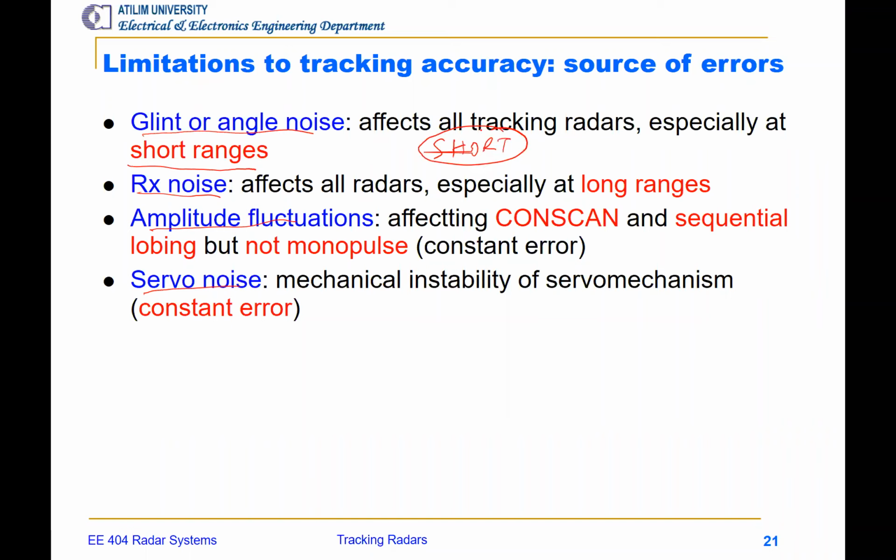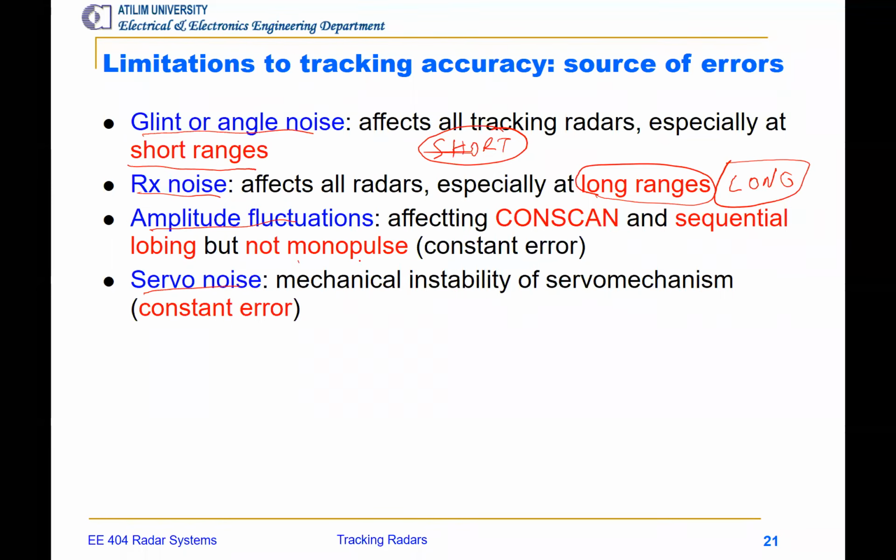And the receiver noise affects all radars, especially at long range, where the signal power is small. And the amplitude fluctuation may affect only conical scan and sequential lobing, as these two tracking radars should rotate the antenna or switch between the beams. Then there's going to be an amplitude fluctuation from beam to beam or position to position. That's a problem.